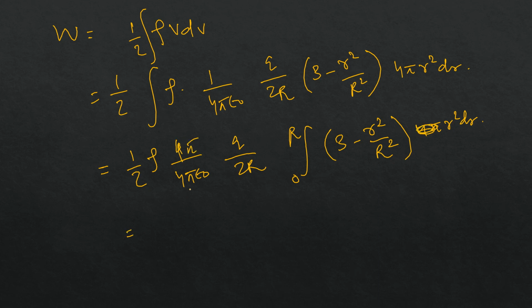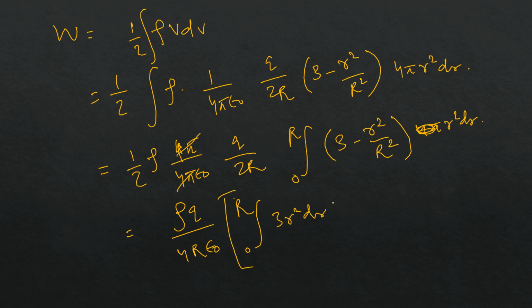So if we do this a bit, rho q by 4 r epsilon naught, 0 to r 3 r square dr minus 0 to r r fourth by r square dr.